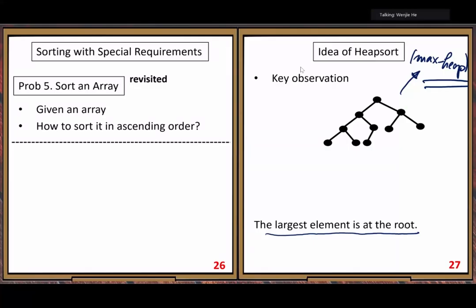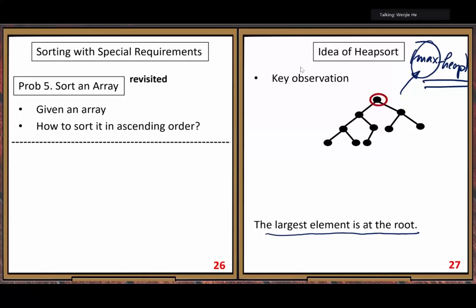That's based on the max heap property. Then you can place it in place immediately, right? Because the final location of the maximum must be at the end of the array. So you can put it in place immediately.